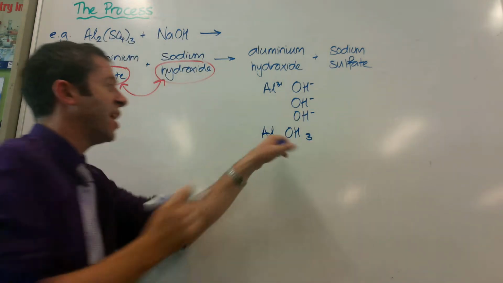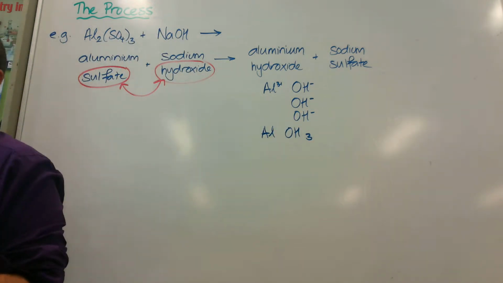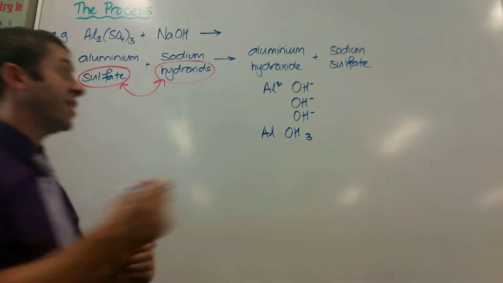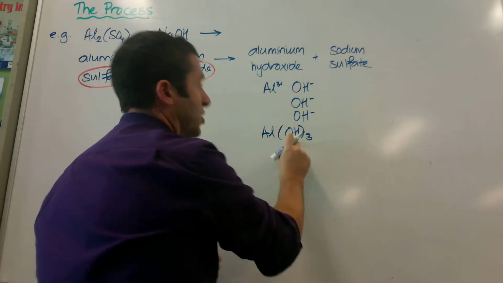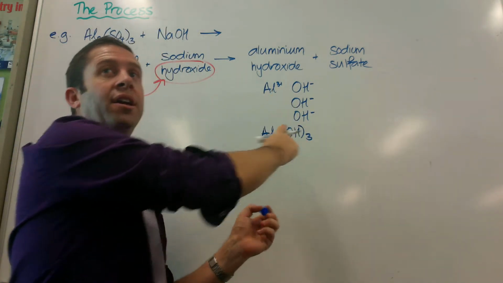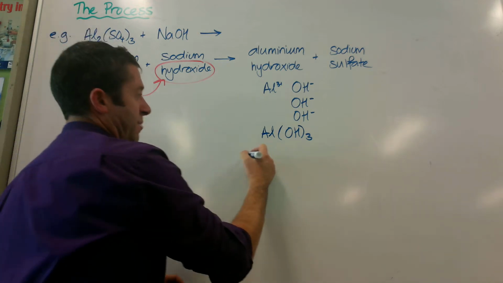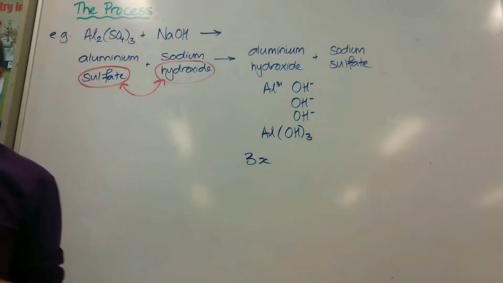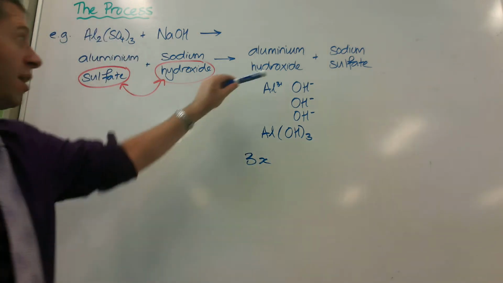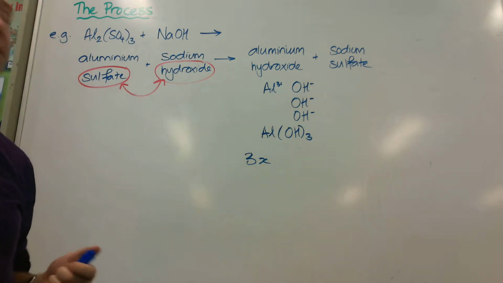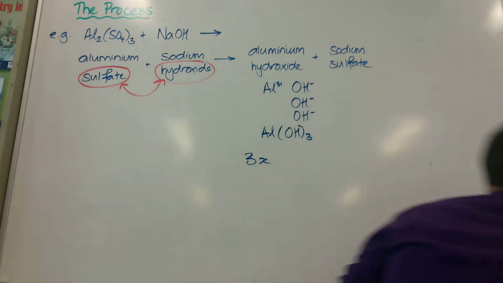Well, how can I show that there's 3 of the whole thing? What do I use? Brackets, okay? So I've got hydroxide, hydroxide, hydroxide. That's what 3 times something means in general mathematics. Okay, so that would be the same as something like 3x. That's what it means. I've got 3 of them there, I'm just counting them.